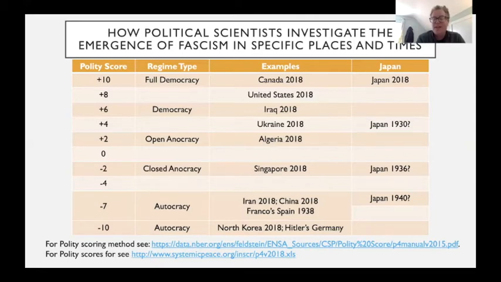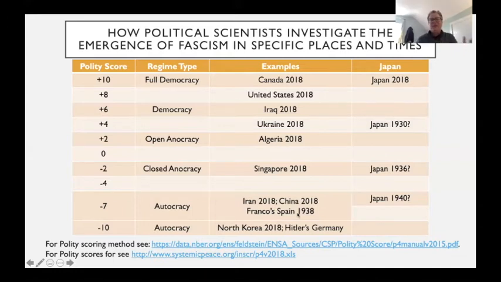Is it a communist regime? Is it a fascist regime? Our interest is in the completely closed character of that regime, not open to anyone else's participation, dominated by a single person or a very small group of elites. That leads it to be categorized as an autocracy.